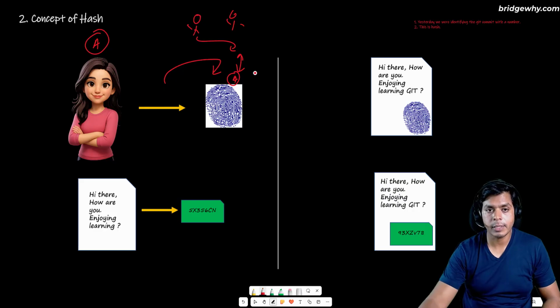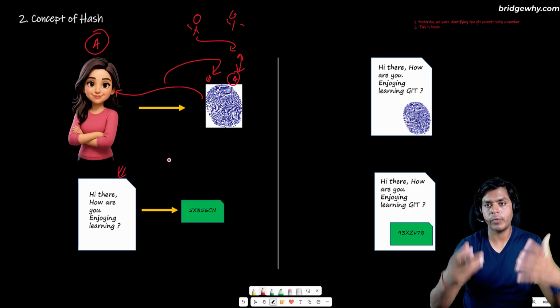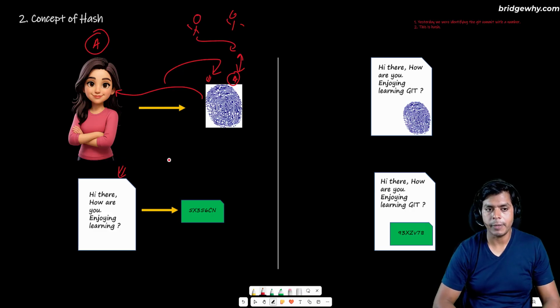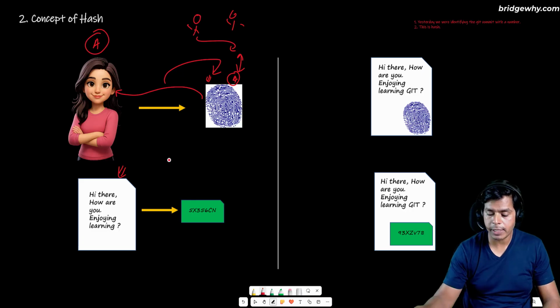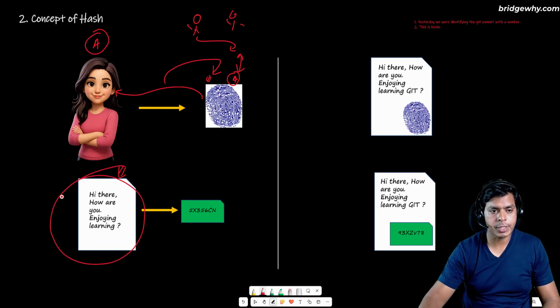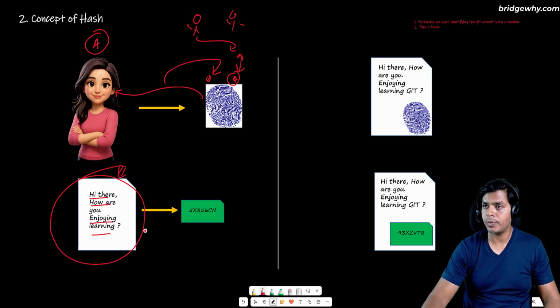And that is why I can say this fingerprint is something through which we can identify Anjali. As simple as that, right? But can we have a fingerprint for a file or folder or a group of files and folders? 100% we can. And this is the digital fingerprint. For example, I have a file in which the contents are, hi there, how are you? Enjoying learning? Absolutely. I think you all are enjoying learning.